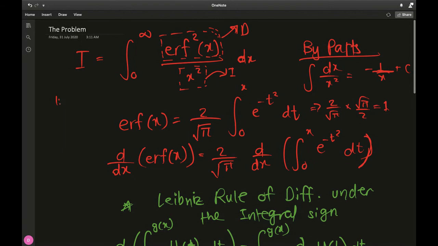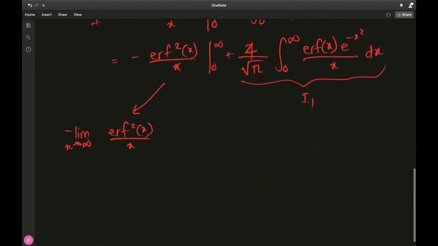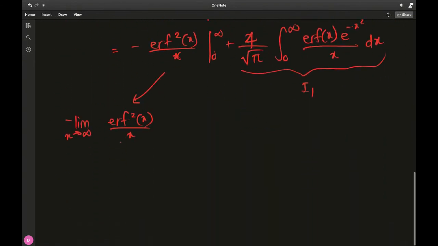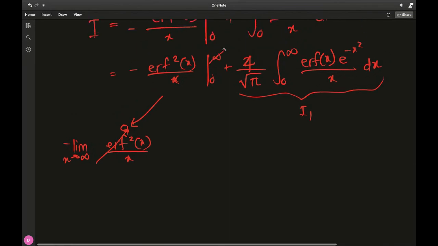So the limit as x tends to infinity of the error function of x goes to 1, and even the square of the error function is 1 squared, or 1. So you have 1 in the numerator and x is going to infinity, so the denominator is getting really large, making the entire fraction go to 0. So we don't need to worry about the infinity part.